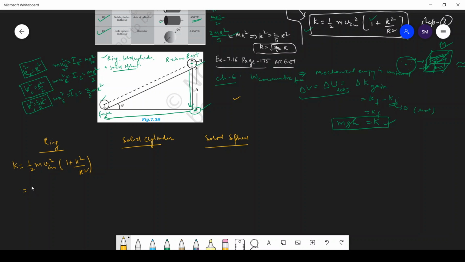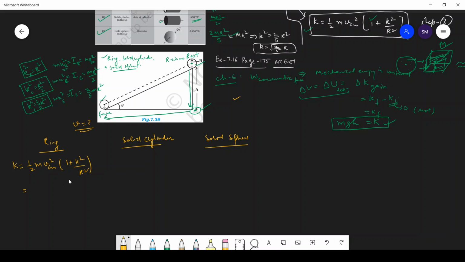We are supposed to find which body reaches the ground with maximum velocity. So we have to find the velocity with which the bodies are reaching the ground.